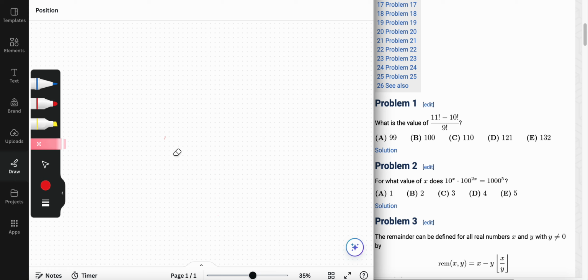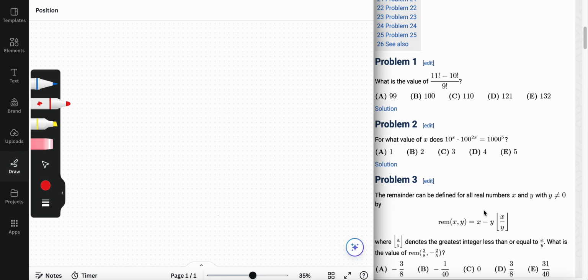Okay, so moving on to question 2. Problem 2 says, for what value of x does 10 to the x times 100 to the 2x equal 1,000 to the 5th power?